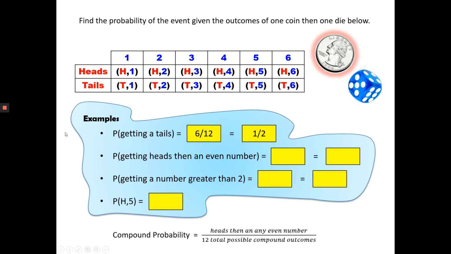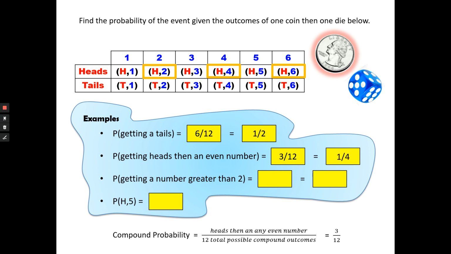Hold on, sorry, I had some things out of order there on that one. So the probability of getting a heads first and then an even number are these three right here. You could have heads and then 2, heads and then 4, heads and then 6 out of the total 12 possibilities. So that's only 3 out of 12. And then when you simplify that, should give you 1/4.